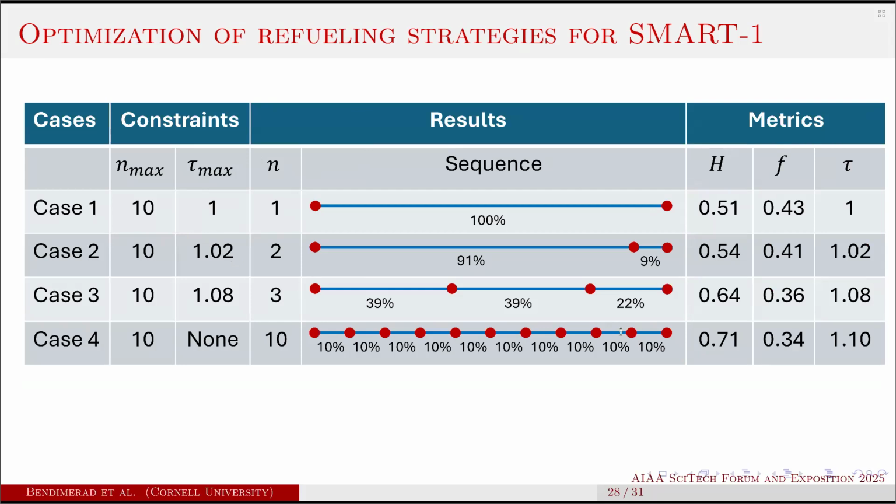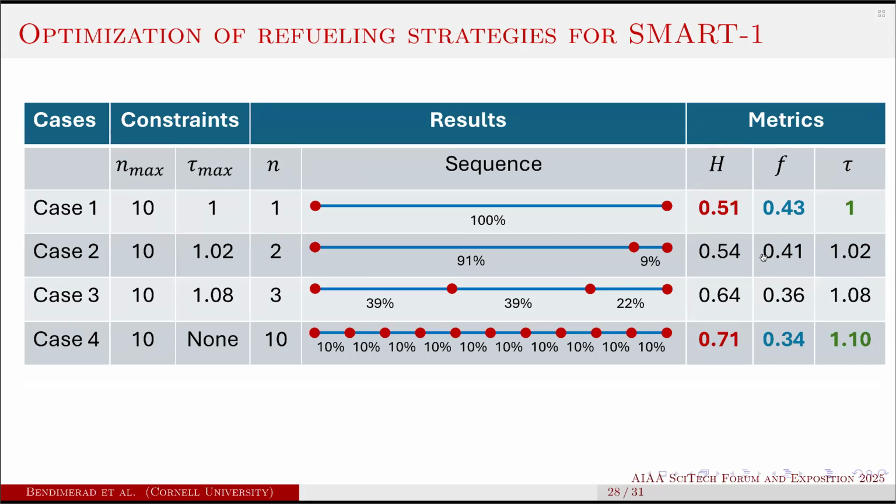And here are the performance metrics. So H is the normalized payload and structure mass, F is the specific propellant consumption, and tau is the firing time ratio. And we can, for example, compare the first case with the last case. And we can see that there is an increase in the normalized payload and structure mass of 20%. So 20% of the mass of the spacecraft can be dedicated to having an additional payload mass if we have refueling.